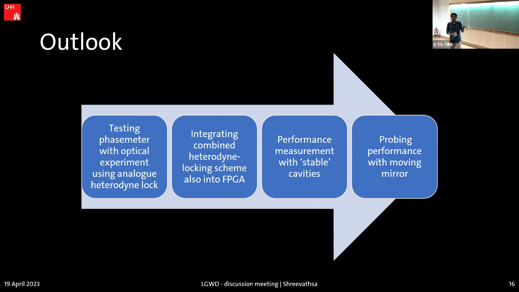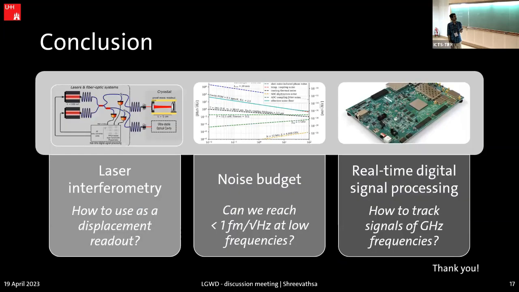But we don't need that, we can integrate everything into this evaluation board, which makes the entire readout much simpler. And we try to measure it with a very stable cavity, and then obviously probe this with a moving mirror, maybe with dual readout from 2 sides of the proof mass or so on.